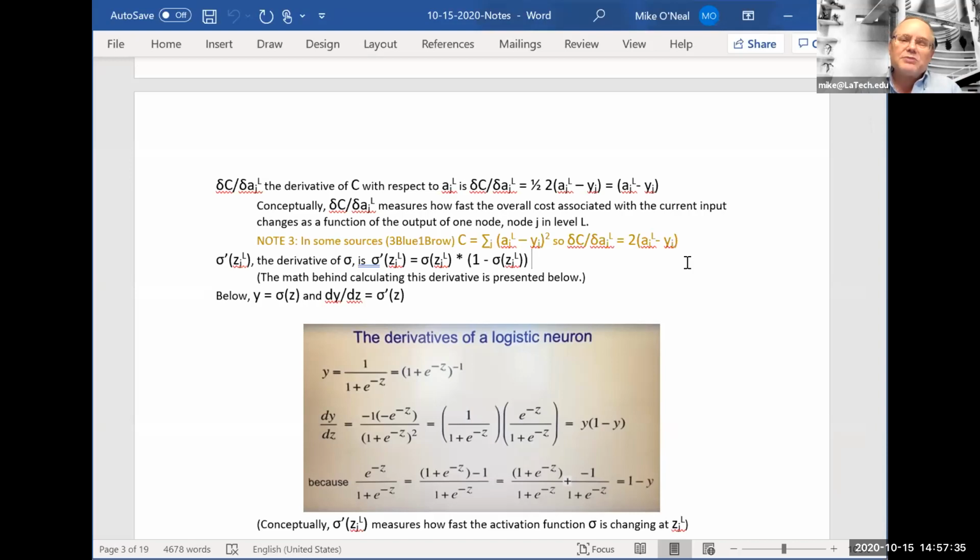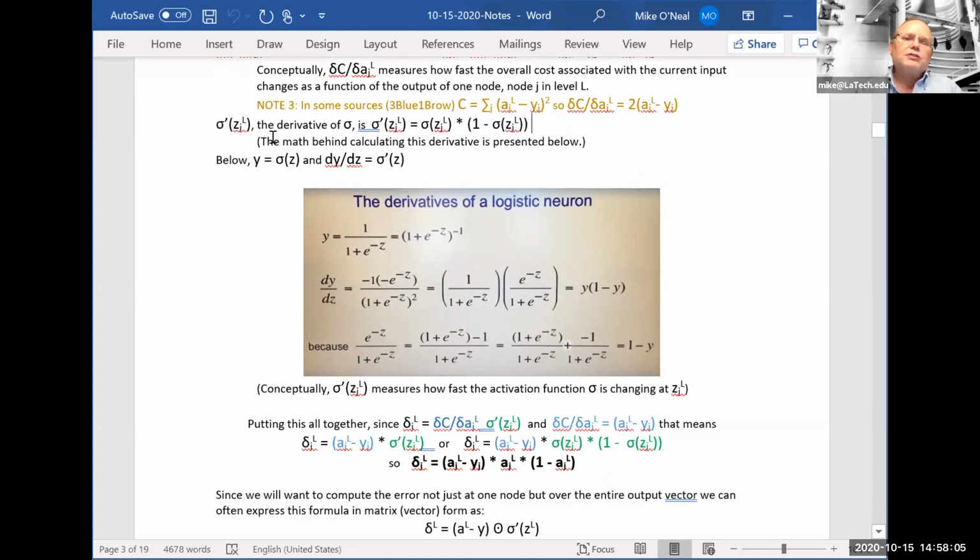And so you will see some sources that would have a 2 there. You'll see others that don't have a 2, and you ask yourself, well, how did that happen? It's just he used a slightly different cost function than Nielsen used in his book. Nielsen put a 1/2 in front of it. I've forgotten the author's name of the 3Blue1Brown, didn't put a 1/2 in front of it. So that's why he ended up with a 2 in front of his derivative.